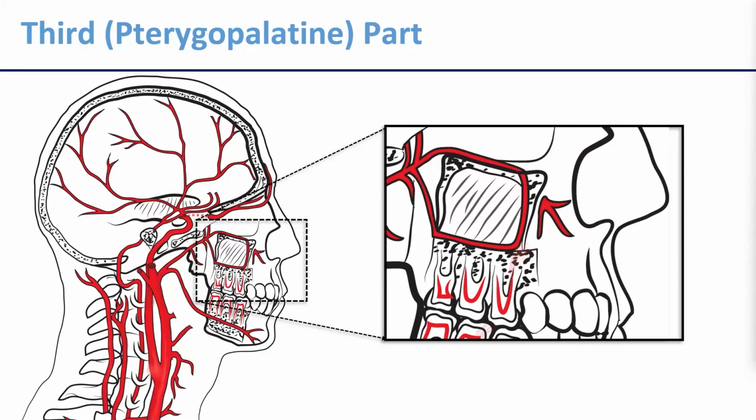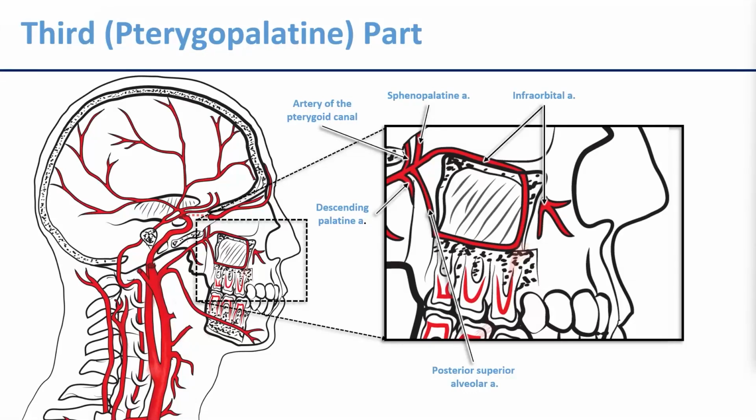All right, so here we find this portion, the third portion of our maxillary artery, giving off the descending palatine artery, the posterior superior alveolar, the artery of the pterygoid canal, sphenopalatine artery, and the infraorbital artery.